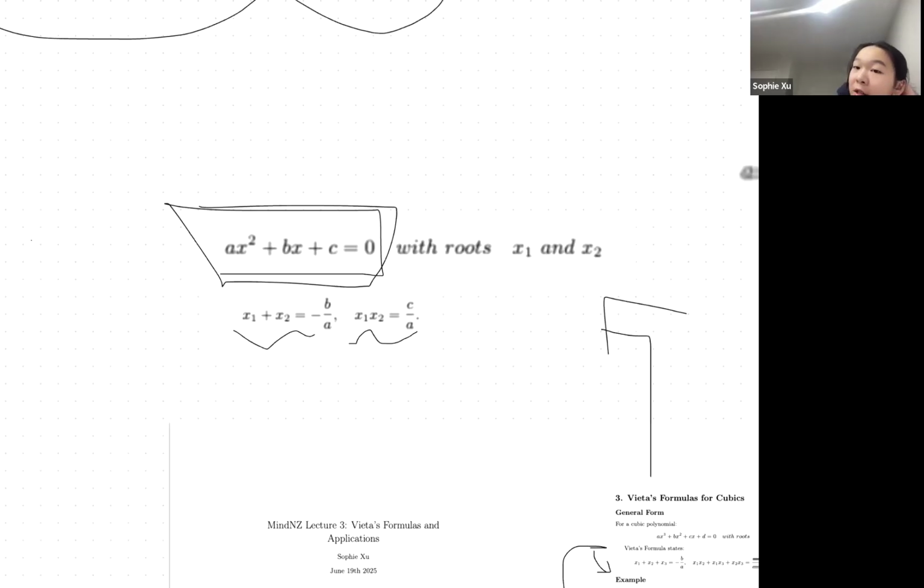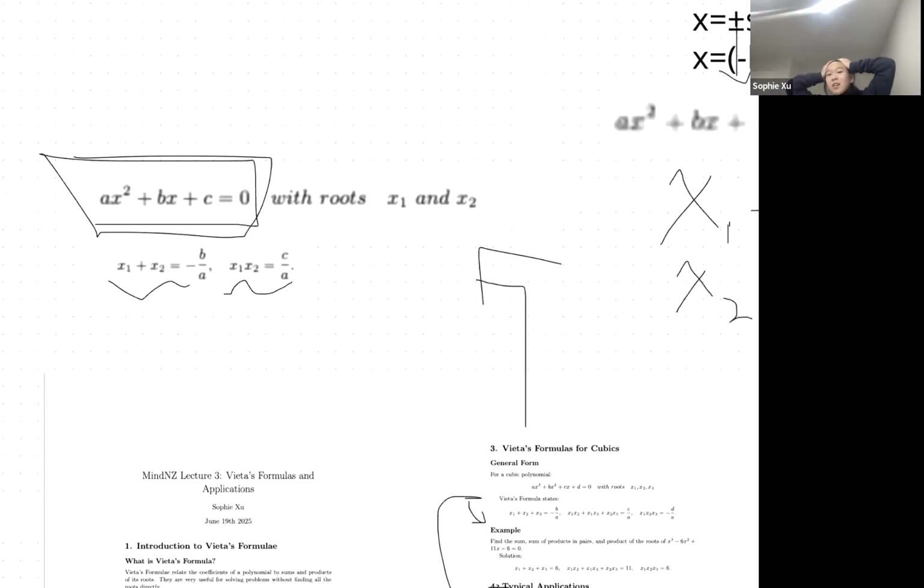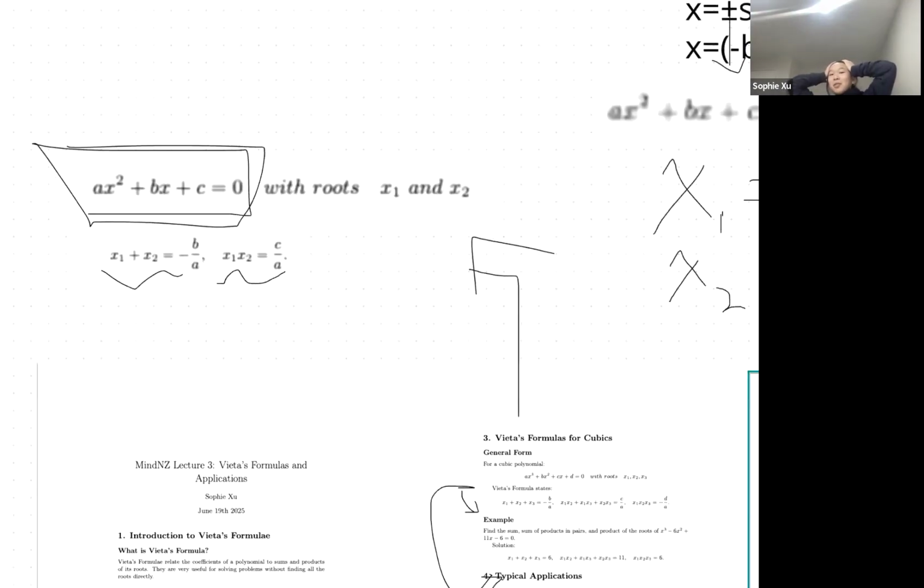And by difference, we take the absolute value, so it must be positive. Also, I forgot to mention before, Vieta's formula is mainly used in quadratics because, I don't know, I've really only used it in quadratics. Wait, actually, no. This year's question 3 is used in cubics. Anyways, ignore what I said.